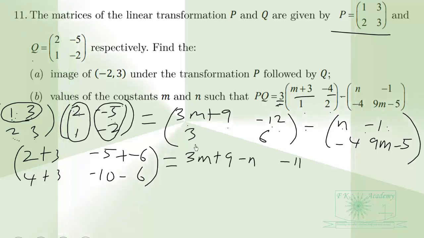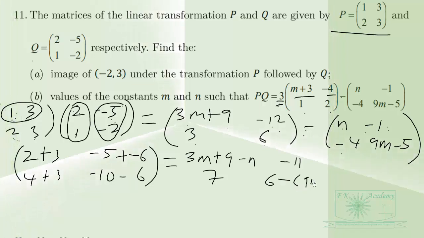Then we have 3 minus negative 4, that will give us 7. 6 minus 9m minus 5.